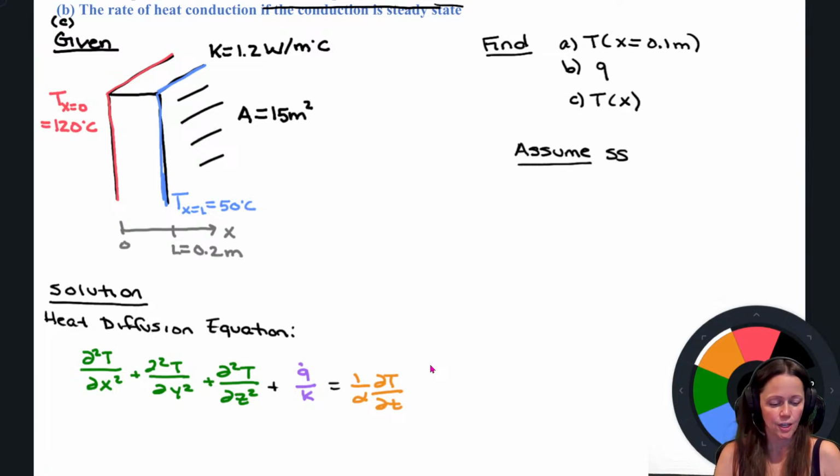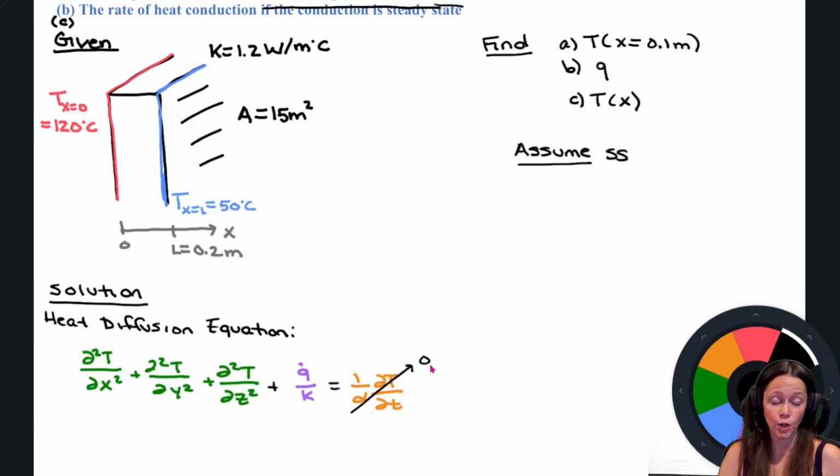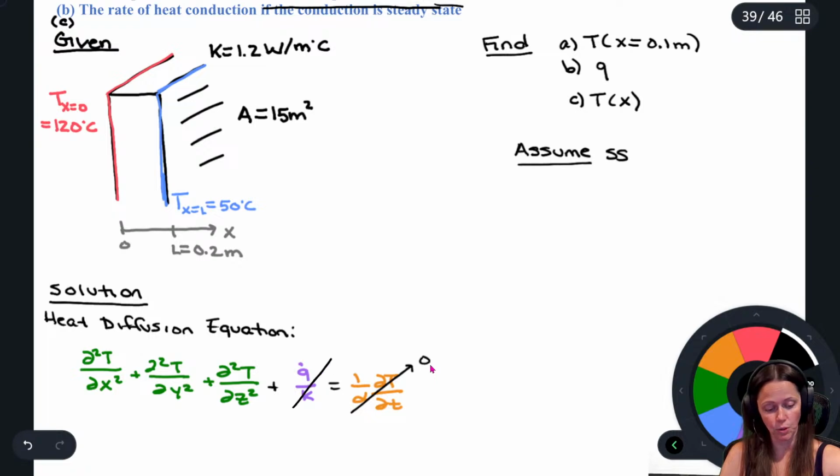Okay. So some of these things I'm going to go ahead and cross out because if I'm assuming it's steady state, that last term is going to go away. There's been no indication that this has any energy generation, so I'm going to cross that out. Maybe I want to throw that in my assumptions, that q dot is equal to 0.